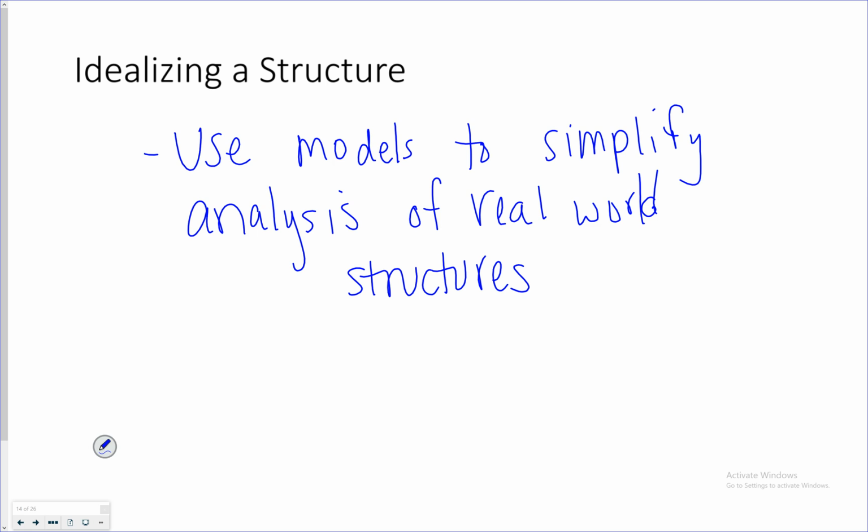We use models to simplify the analysis of a real world structure. We say, okay, we're going to take that beam and make it a line. We take a real life structure and simplify it a little bit to make it easier to model.